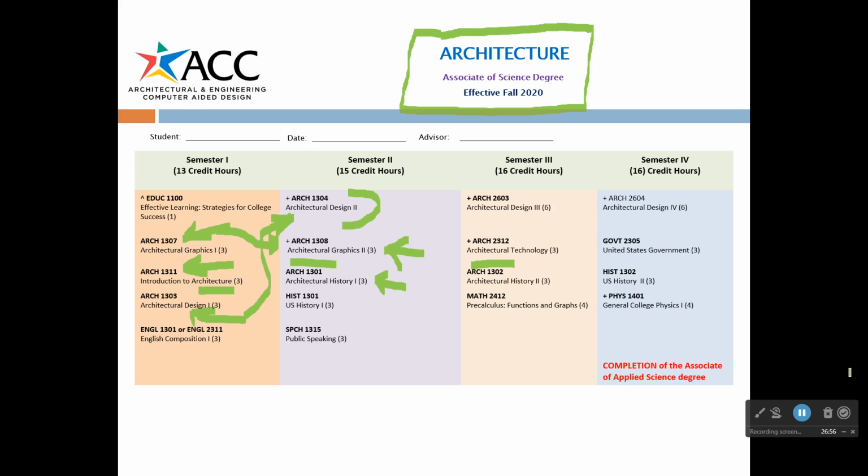So you can take either of those, and then of course you have your History 1301, your Speech 1315, all the things you're required to take before you get a bachelor's degree in architecture.